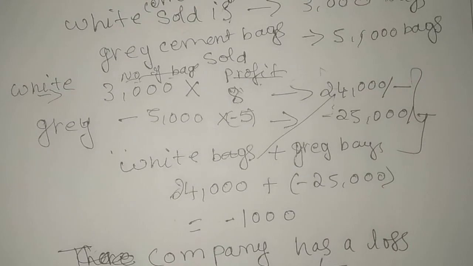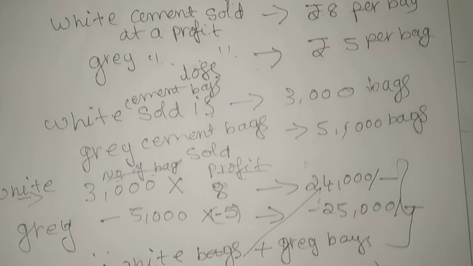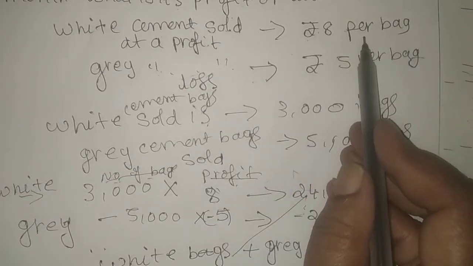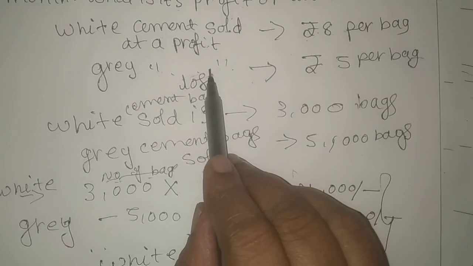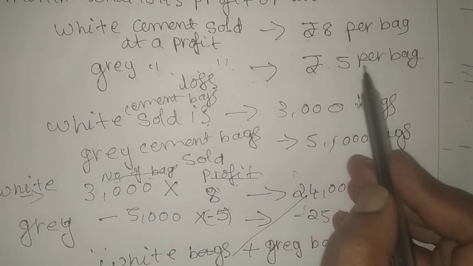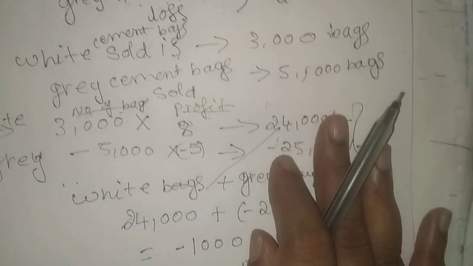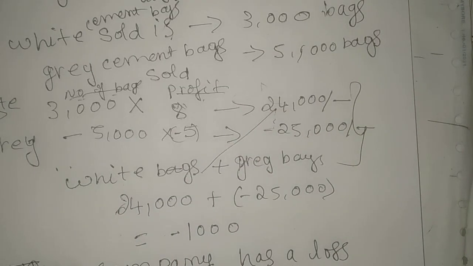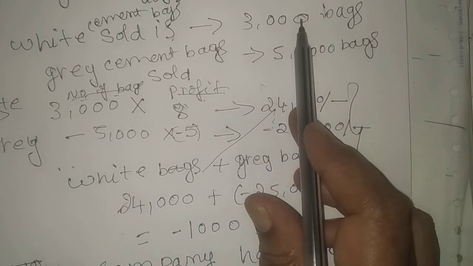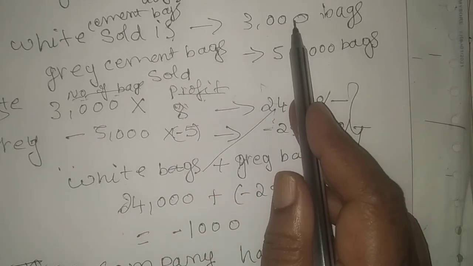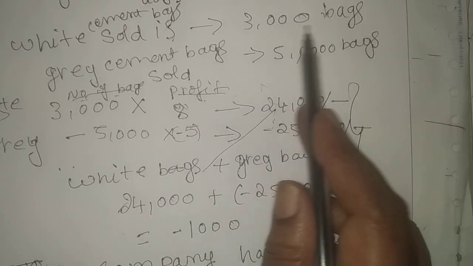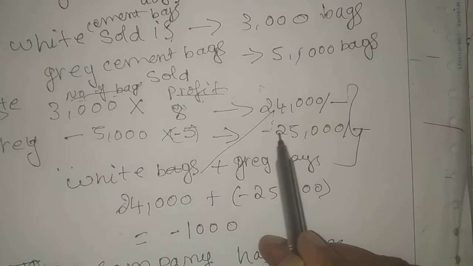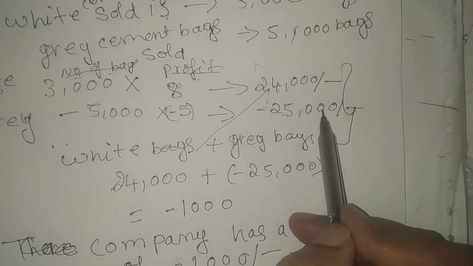The company sells white cement at a profit of 8 per bag, and sells grey cement at a loss of 5 per bag. 3000 bags of white cement are sold, therefore the profit is 8 rupees per bag, so multiply by 8. 5000 bags of grey cement are sold, so multiply, you will get minus 25,000.